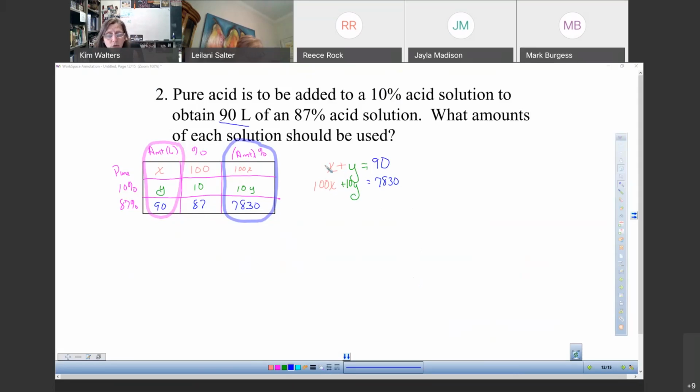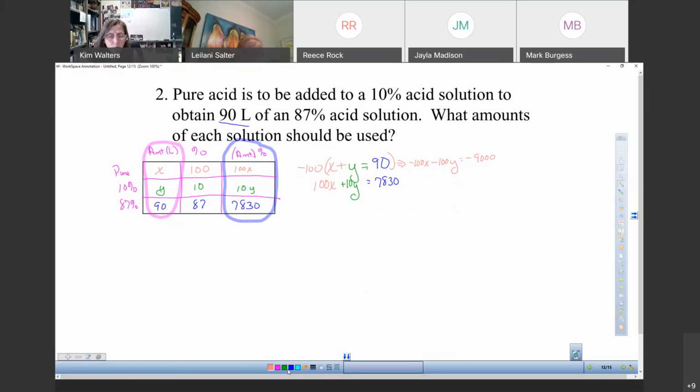But I am going to go through, and like I said, I'm going to multiply this first equation up here by negative 100. And so that's going to allow me to eliminate my x's. That's going to give me negative 100x minus 100y is equal to negative, and I can count zeros, I have 3 of them, so I have negative 9,000.